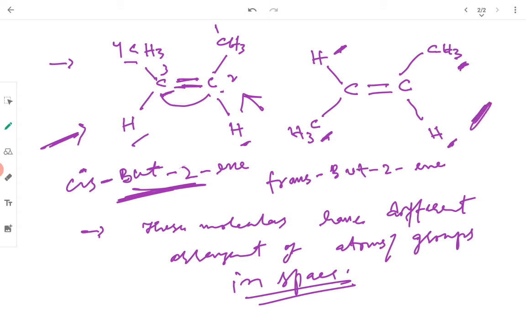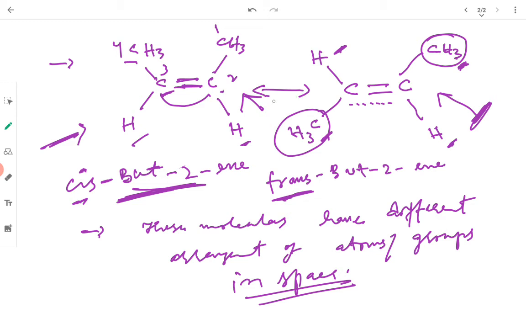And in this molecule, you can see same atoms or groups on opposite sides of this carbon-carbon double bond, so we will call this trans. These two compounds have same molecular formula, same connectivity, but different arrangement of atoms or groups in space. Such compounds are called stereoisomers.